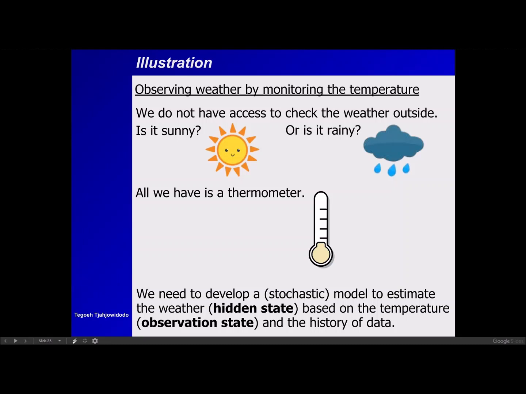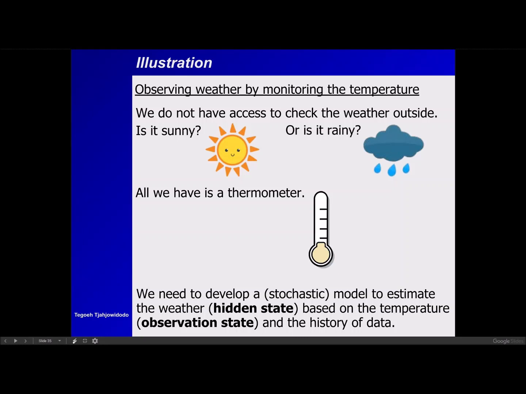All you have is a thermometer that can measure the environment temperature. And then we are going to develop a stochastic model to estimate the weather outside, which is not accessible to us. So this weather is a hidden state for us, we cannot see it, based on the temperature from the thermometer reading as an observation state.